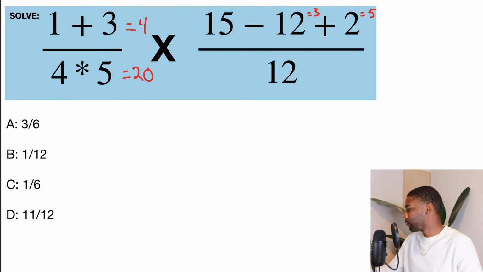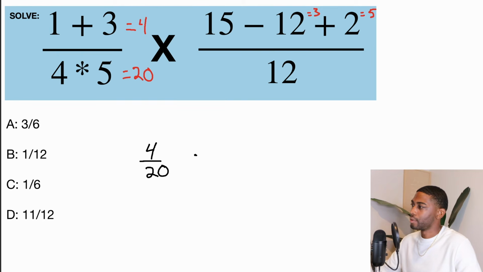Let's go ahead and rewrite our fraction. 4 over 20 times 5 over 12. Look at that. Boom.